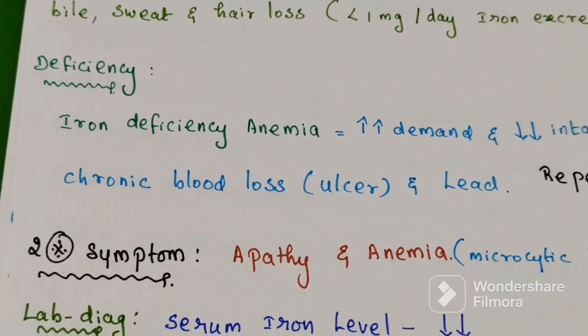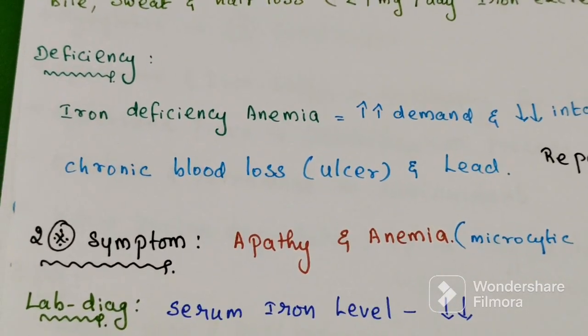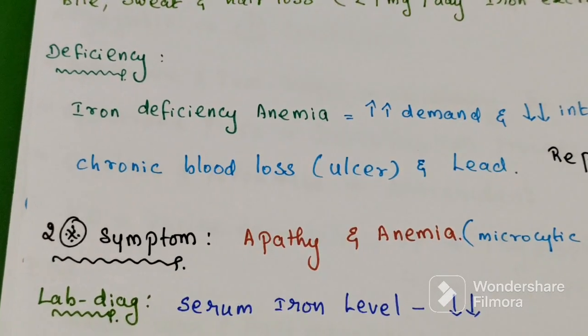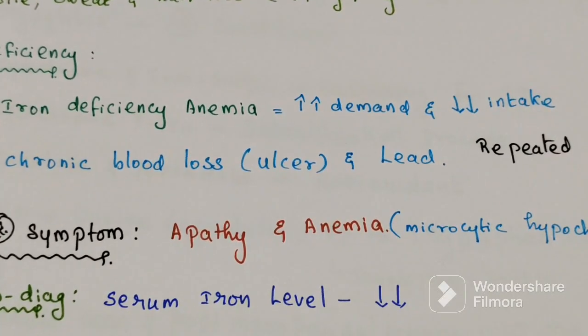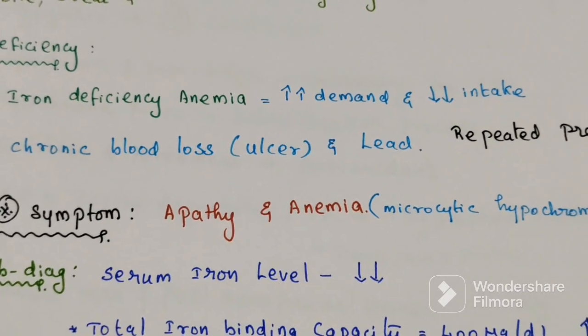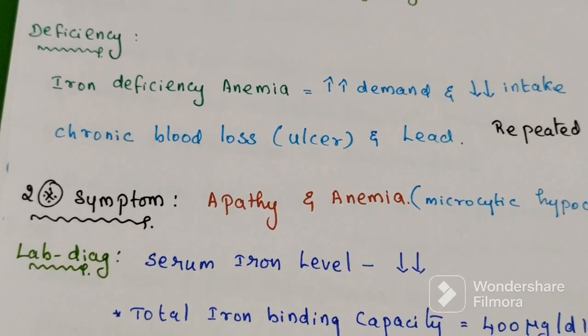Next, deficiency or disorder, important diseases. In developing countries, iron deficiency anemia. It includes increased demand, decreased intake and chronic blood loss. Then lead causes iron deficiency.